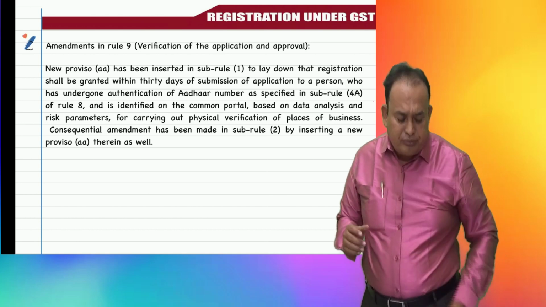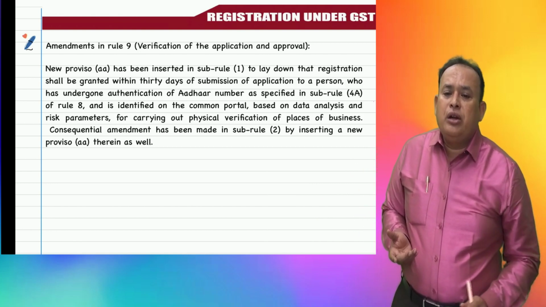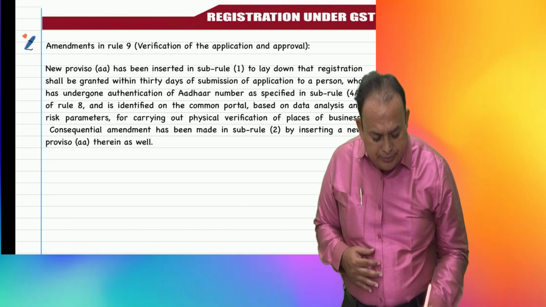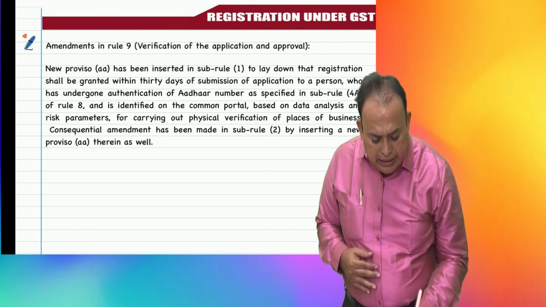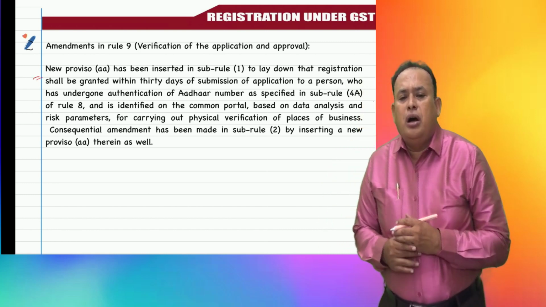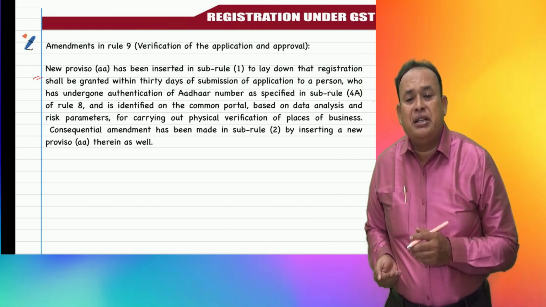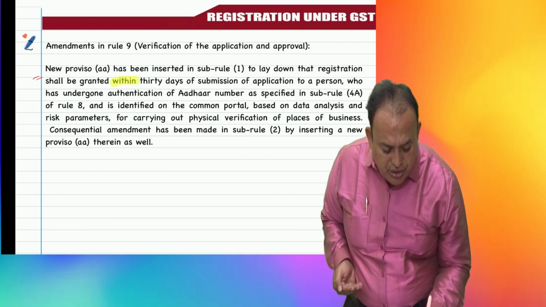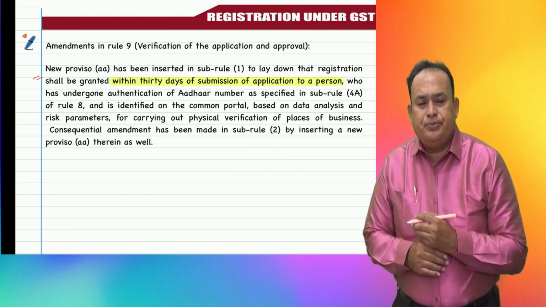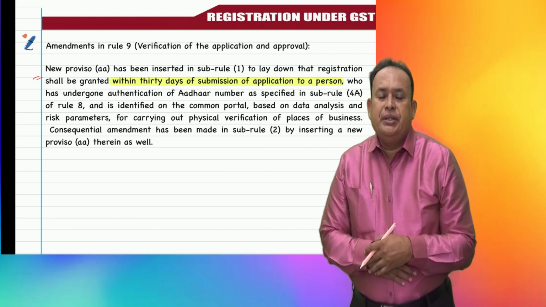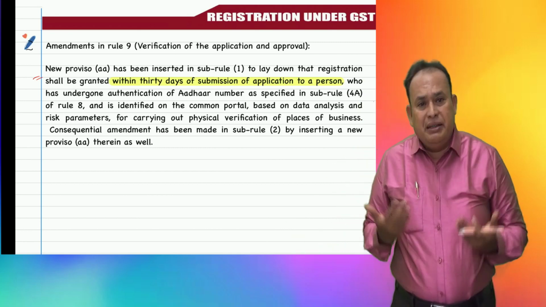Meaning thereby, in the given case, the law of the land says that sub-rule 1 of rule 9, under clause AA, lays down that registration shall be granted within 30 days of submission of the application to the given person, not within 7 days, because physical verification is needed and information must be gathered, which itself takes 30 days.